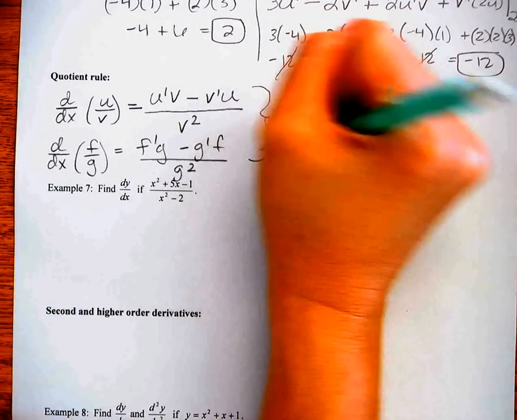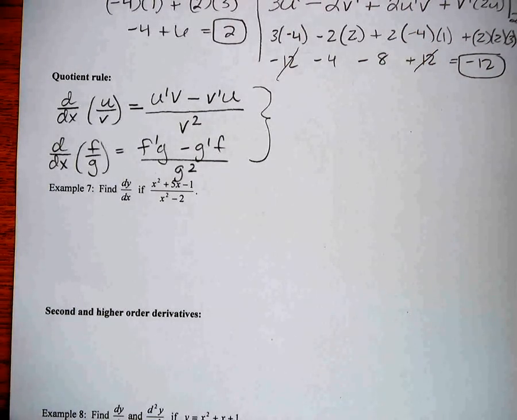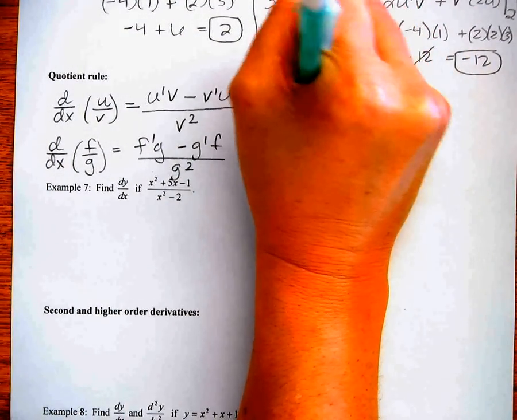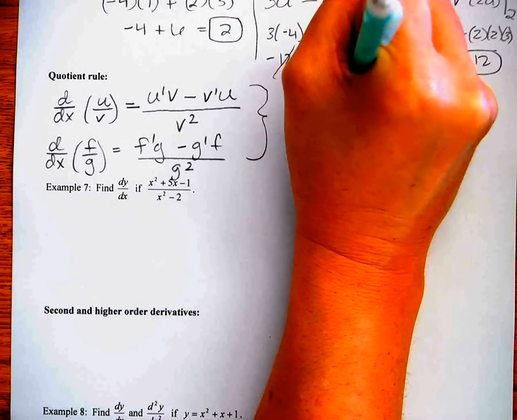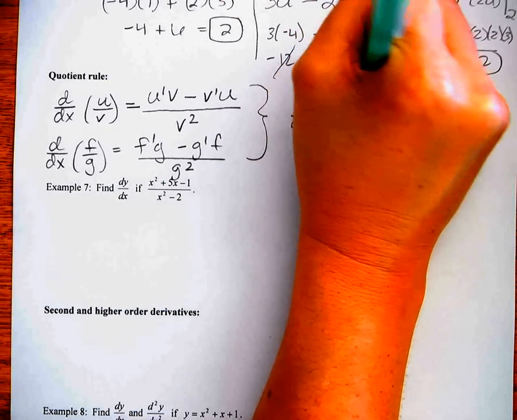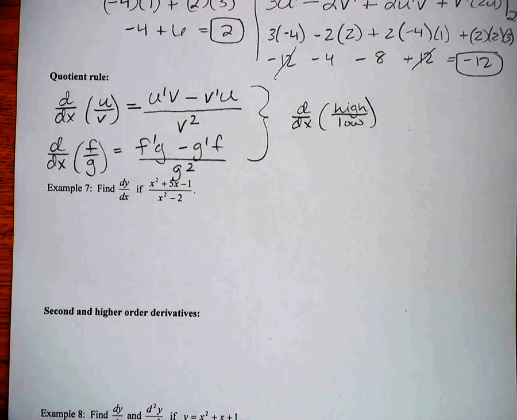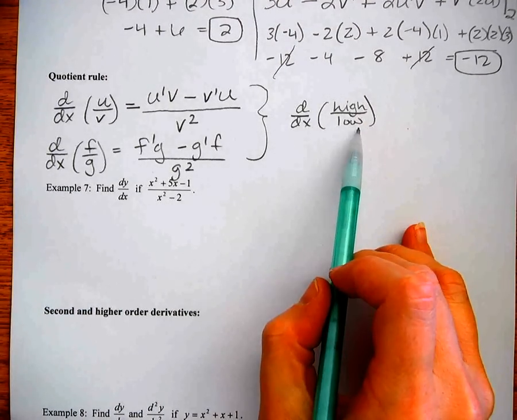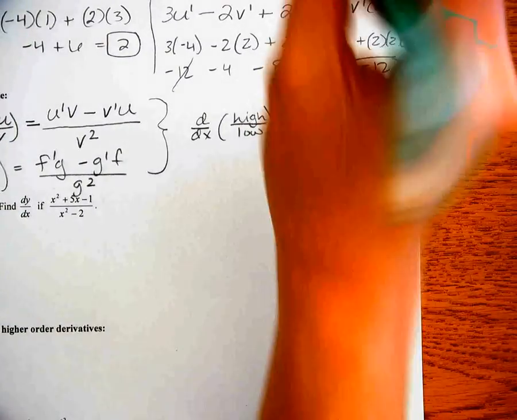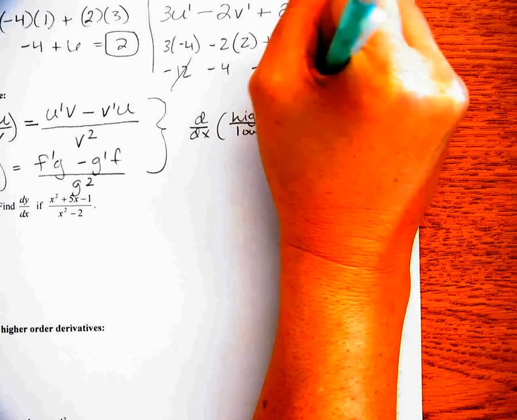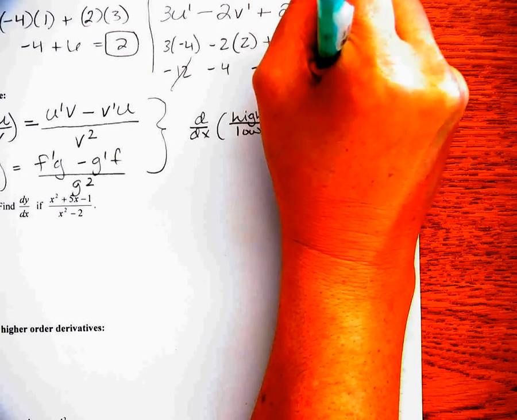And then a common or popular mnemonic device that my students taught me, actually, that they learned, is if you have basically a quotient rule. You have something on the top, something on the bottom. So the one on top is high, the one on the bottom is low. Well, the derivative little thing goes high and then d low.